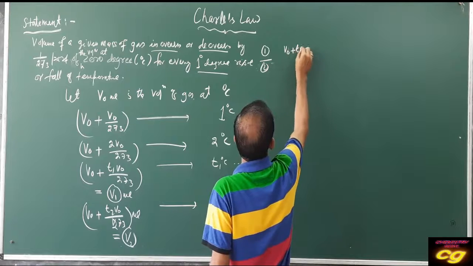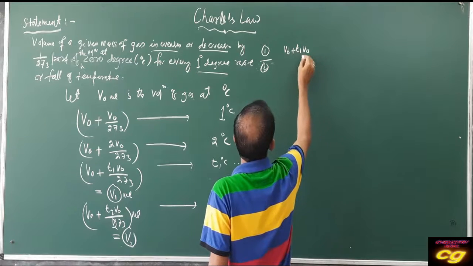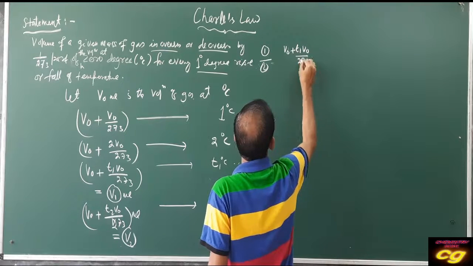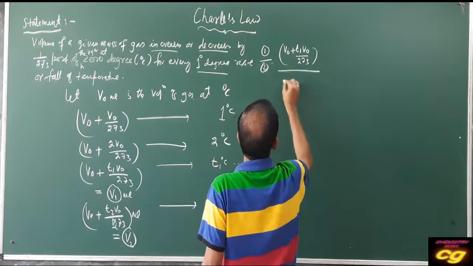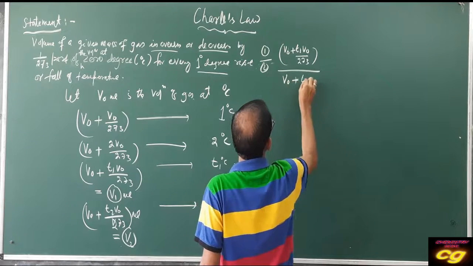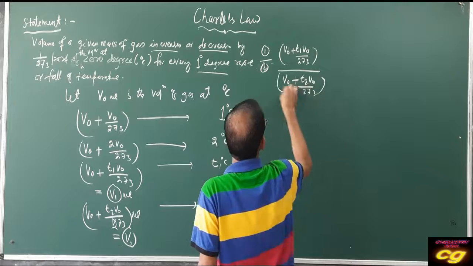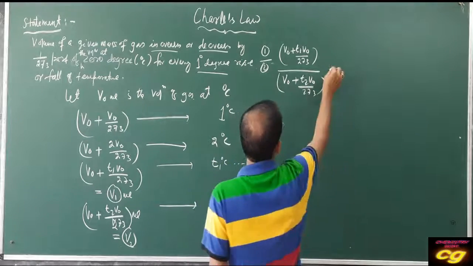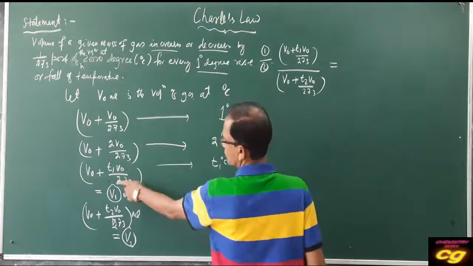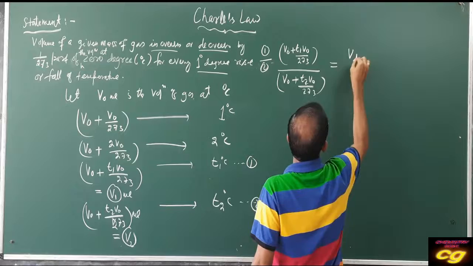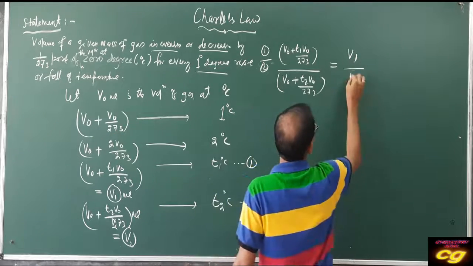V0 plus T1 V0 by 273 upon V0 plus T2 V0 by 273. As per the equations, this is V1 and this is V2.